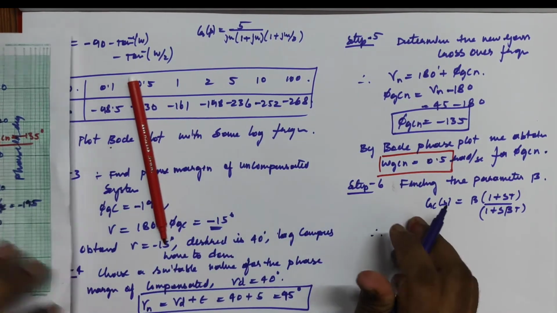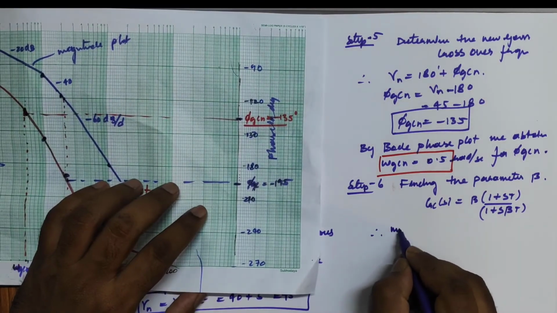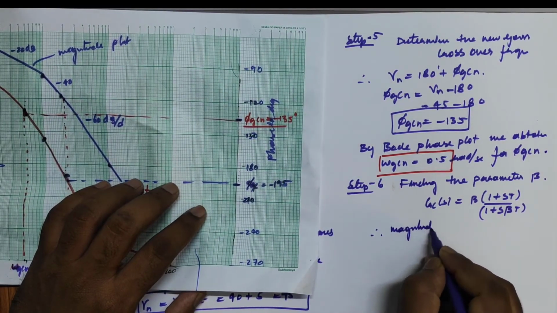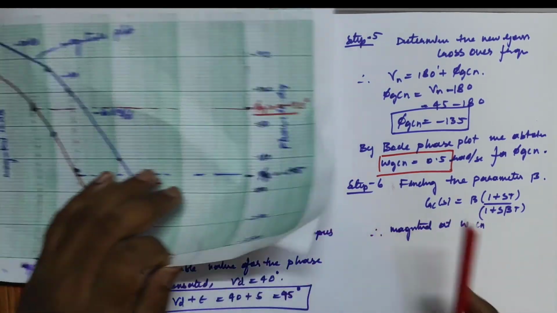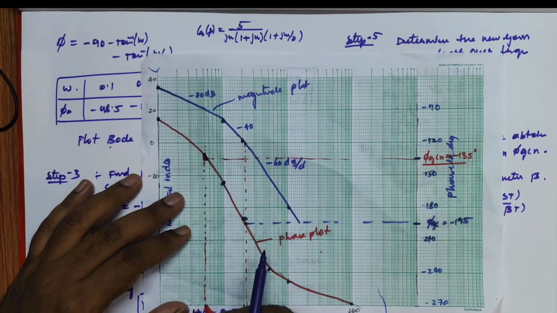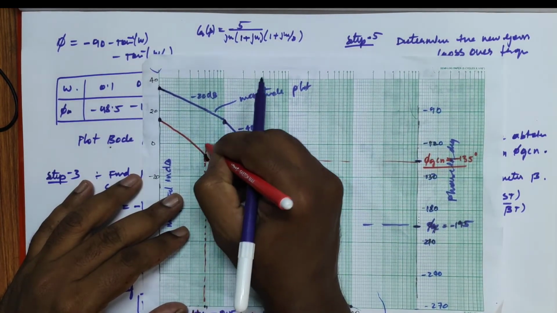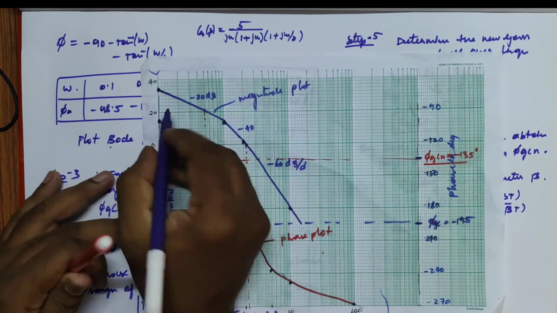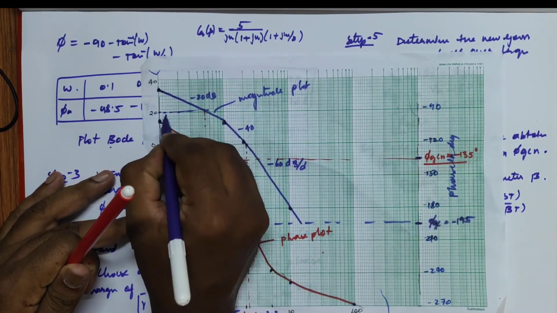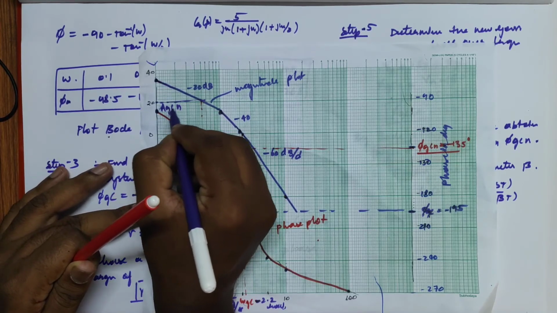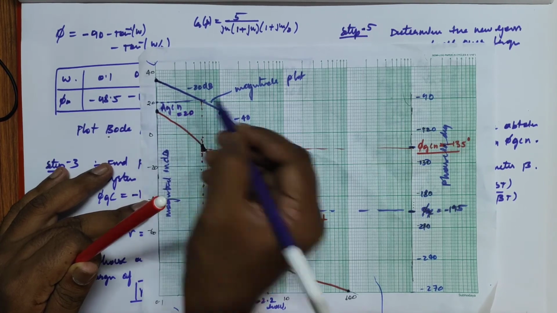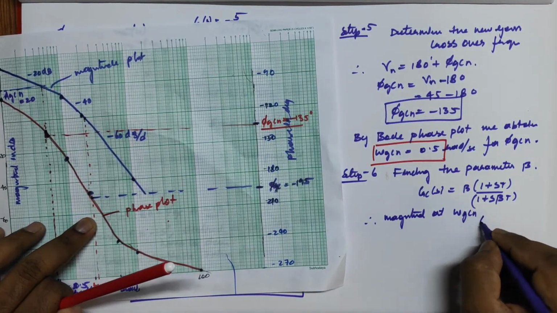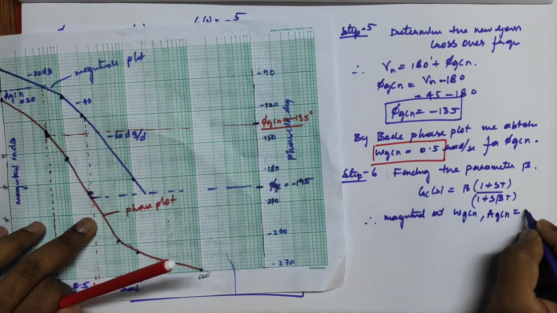We have to find from the Bode plot again the magnitude at omega GCN. The magnitude at omega GCN, I have got something like 20 dB. This is called AGCN, the magnitude at the new gain crossover frequency. So AGCN equal to 20 dB.